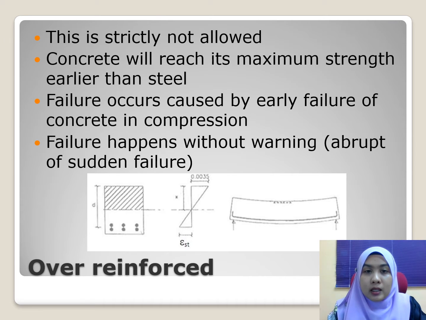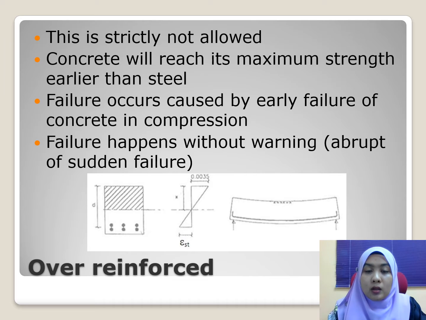And another one is over-reinforced. Over-reinforced is strictly not allowed, because the concrete will reach its maximum strength earlier than the steel. Since we provide a lot of steel inside our members, the concrete will reach its maximum strength earlier than the steel, and the failure is of the concrete in compression.